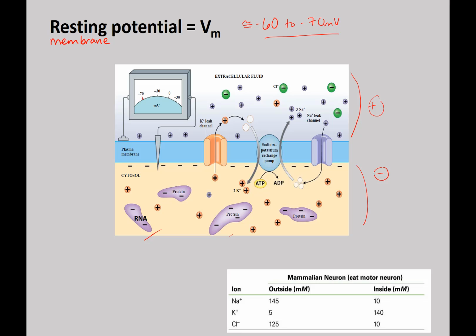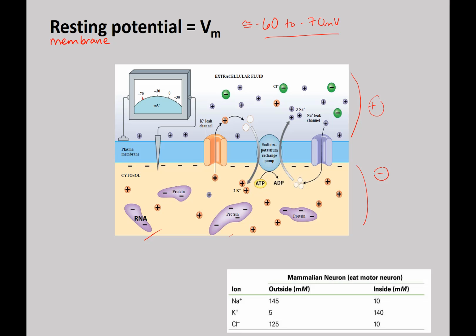So neurons are special cells because they're electrically excitable. They have ion channels that we're going to talk about in a little bit, and they can change their membrane potential rapidly.